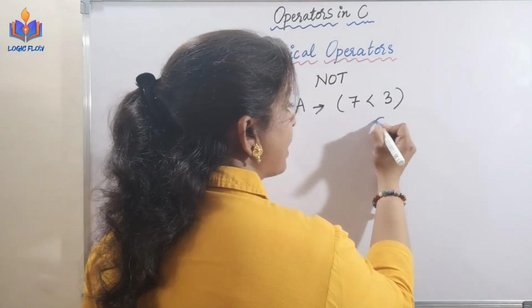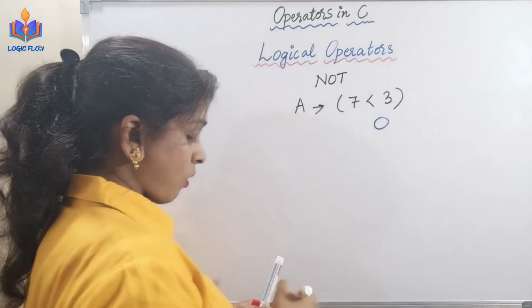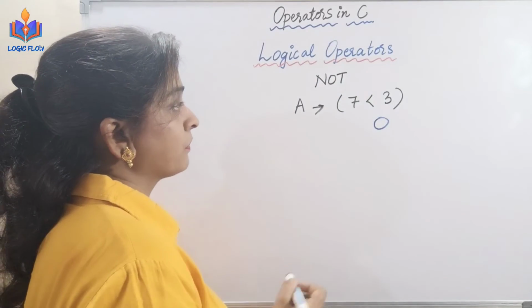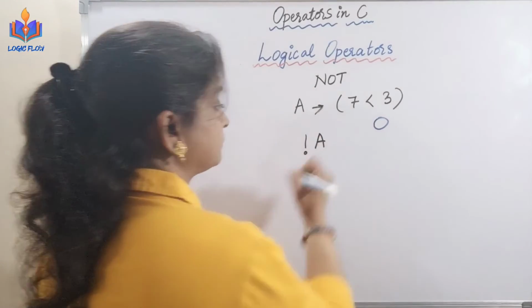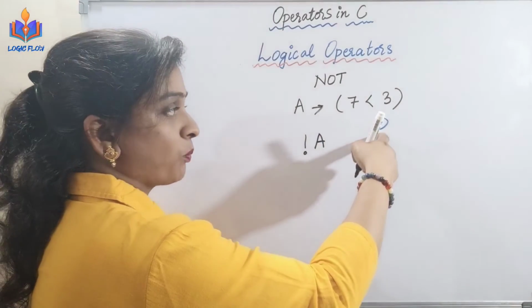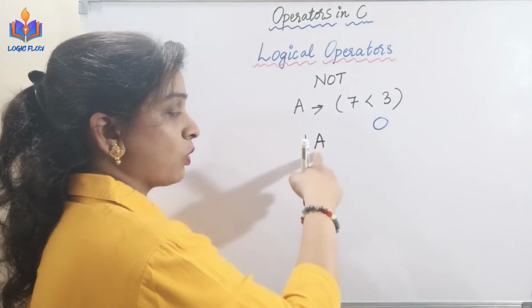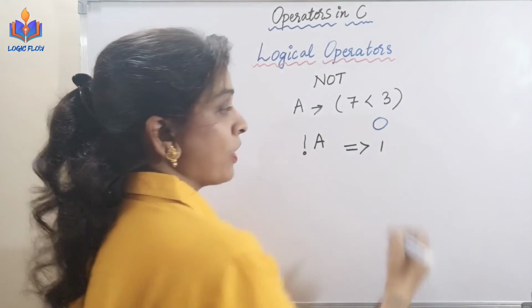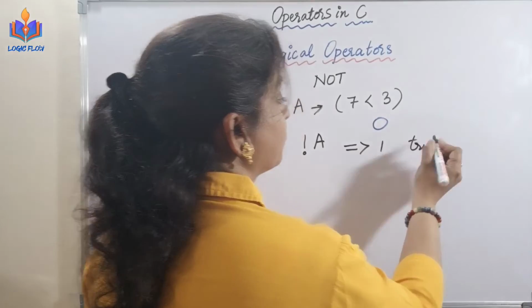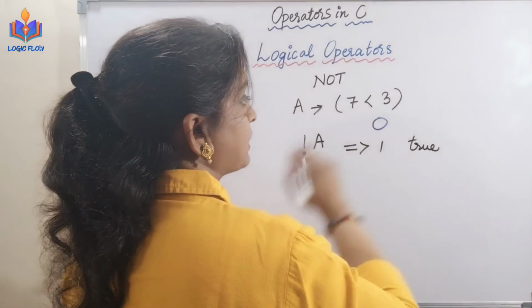So my Boolean value is 0. Now I'll say not of A. A is 0. Not of A means my output is 1. So it is true.